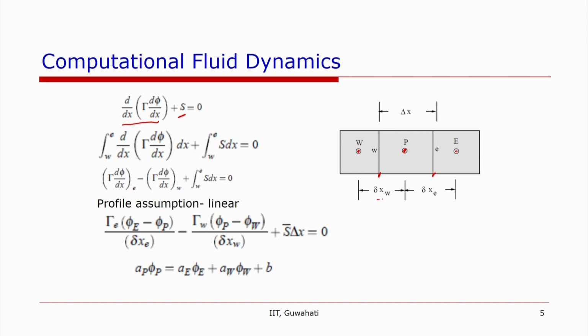So we need to make an assumption about what the profile variation of phi is at the surface between W and P and between P and E, so that can be used to find out d phi by dx at e and d phi by dx at w.